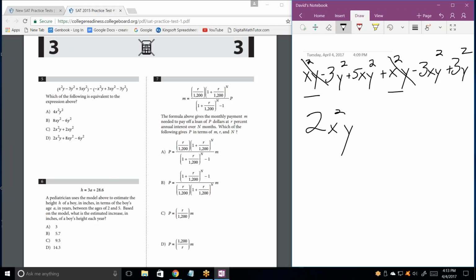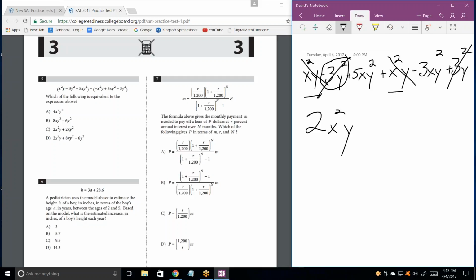Okay. Now let's take the very next y squareds. How many of those do we have that are just y squareds? By themselves, well, we've got just two of them, but they cancel each other out. So we don't really have any.